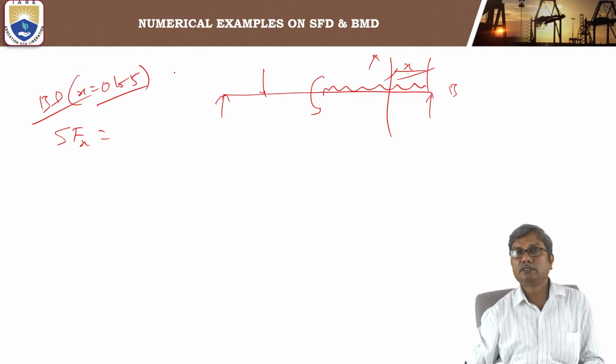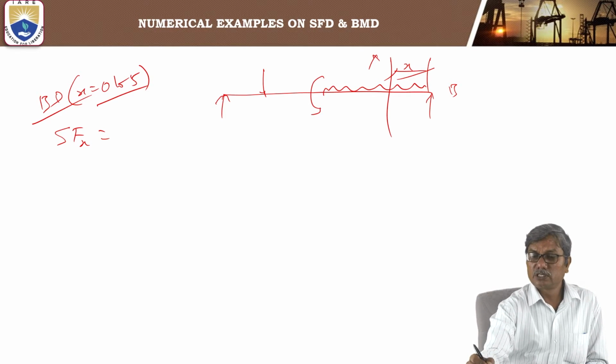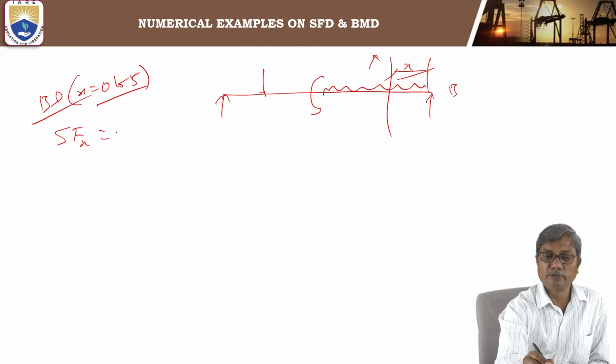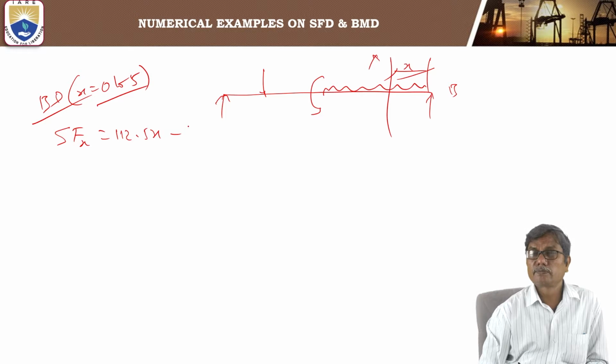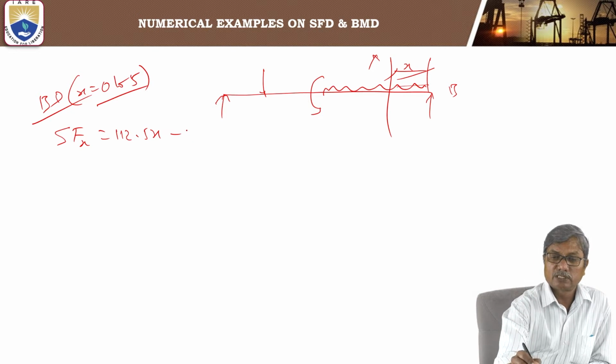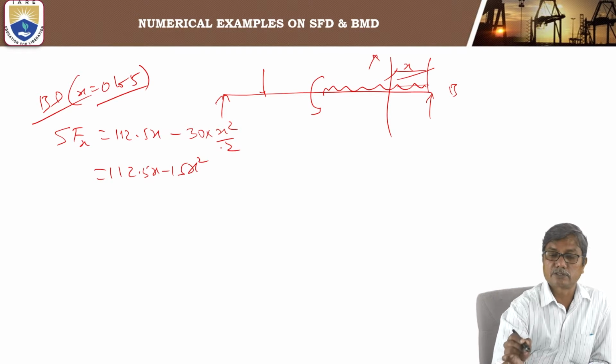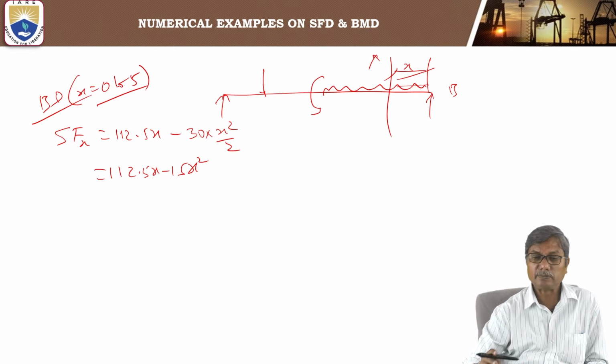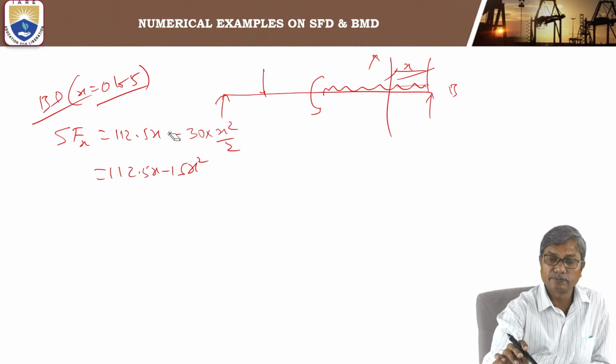The bending moment at the section X is VB, that is 112.5x, minus the moment due to UDL of length X to the right of section, which is W x squared by 2. So it comes out to be 112.5x minus 15x squared. Oh, sorry, this is bending moment.